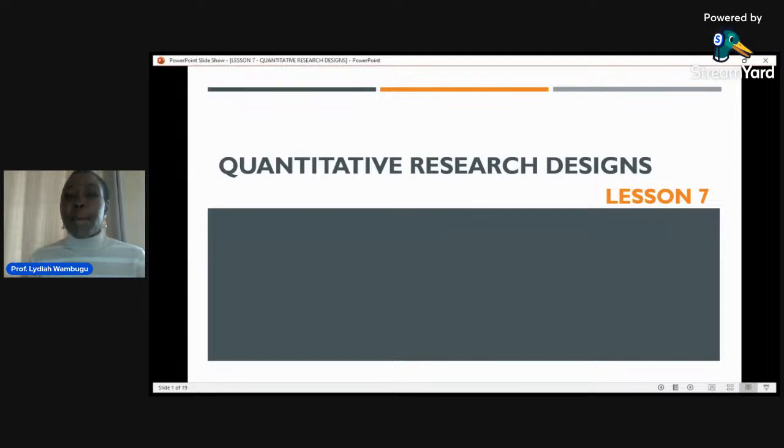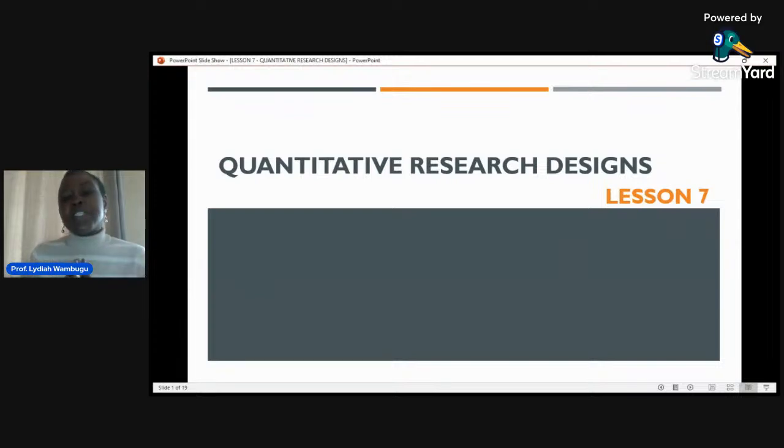There are mainly 4. There is the component of epistemology, that is in terms of knowledge. There is the issue of axiology, the issue of values, the issue of ontology, the issue of reality, and methodology, the issue of methods. And it is from those 4 components that we have the paradigms.